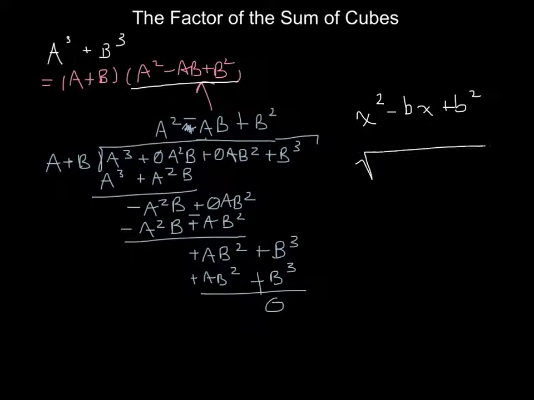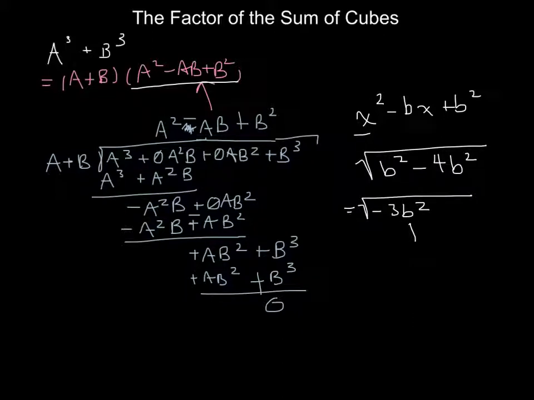If we're just going to verify it's not factorable, let's just look at the square root part. So we know that part is b squared, and negative b squared is still just b squared, minus 4ac. 4a is 1, right? There's nothing there. And c is b squared. So this is the square root of negative 3b squared.